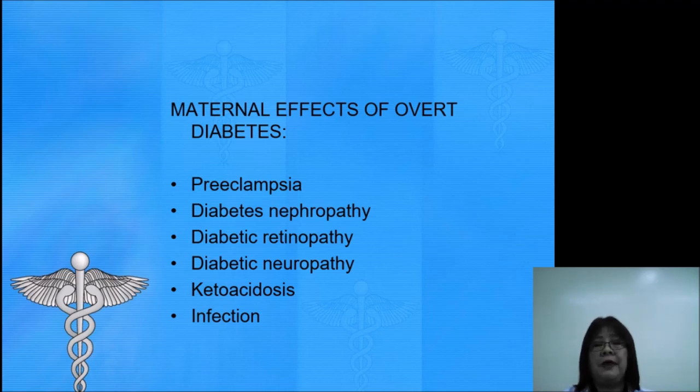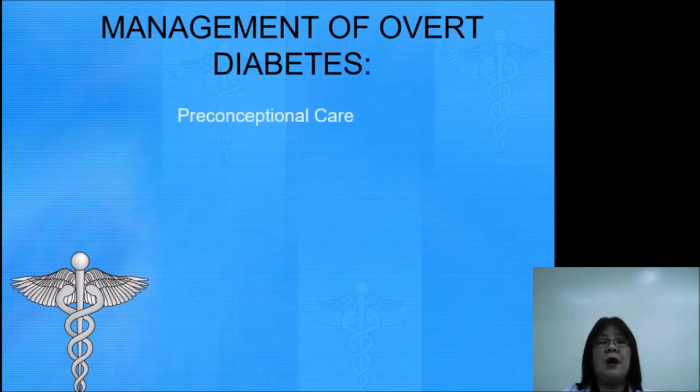What will be the effects of overt diabetes on the mother? If you have a pregnant patient with overt diabetes, they are at high risk for preeclampsia or hypertension, nephropathy, retinopathy, neuropathy, ketoacidosis, and infection.